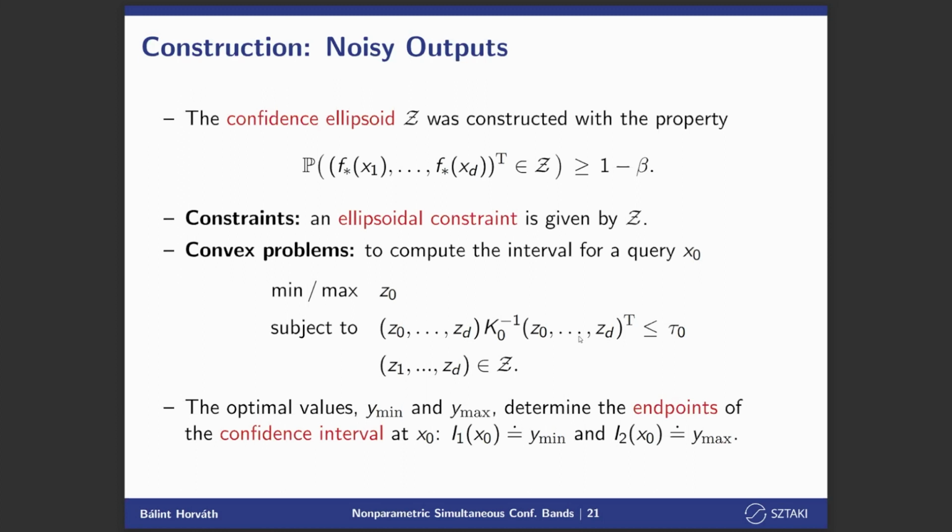The one more factor is that these decision variables have to lie within this confidence ellipsoid. And once again, basically the minimization problem gives the lower part of the confidence band, and the maximization problem provides the upper part of the confidence band.